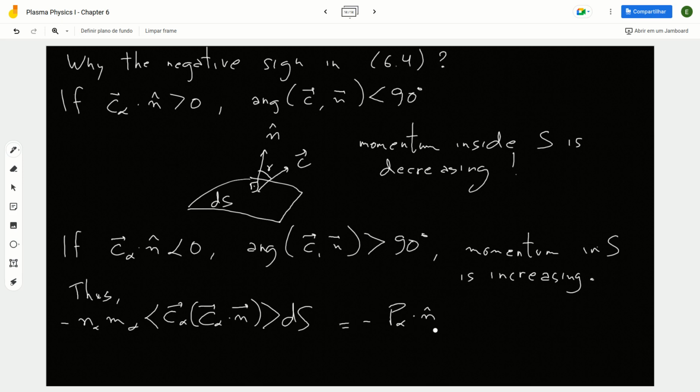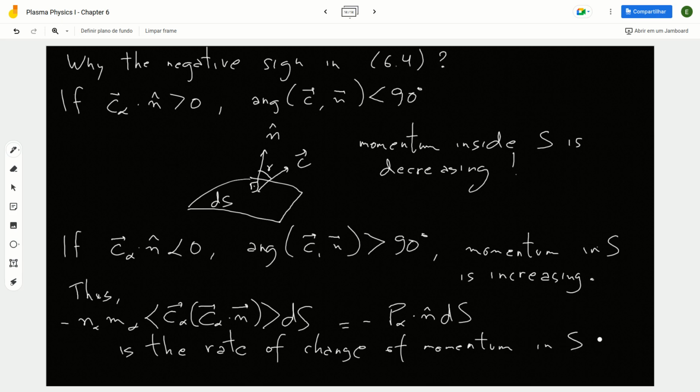I just multiplied Pn by the ds element, the area, is the rate of change of momentum in S due to particles that cross ds.